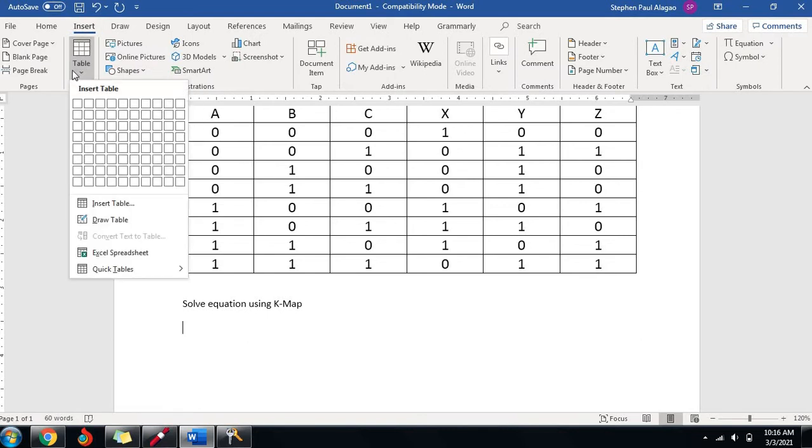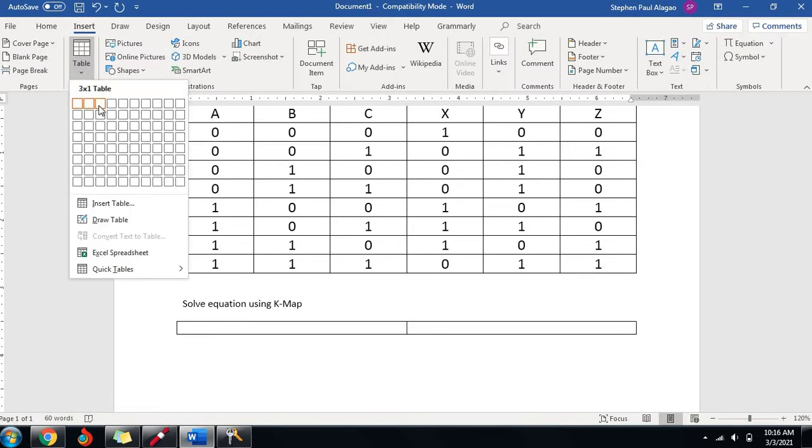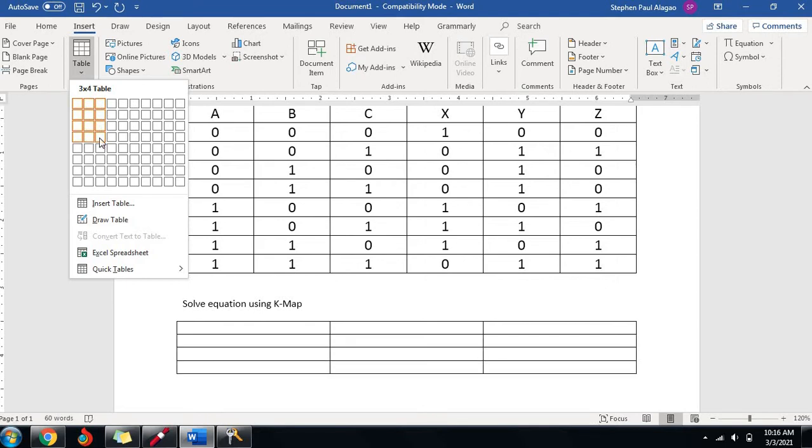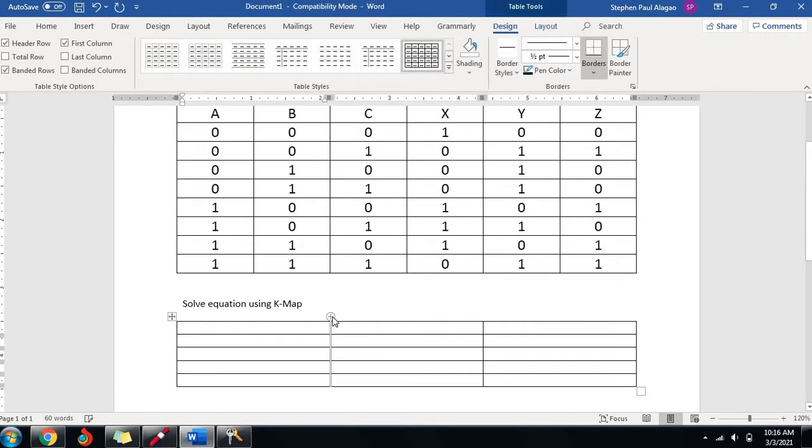Our table will be, let us say, 3 by 4. Wait, 5. So this one will be represented by AB slash C. We'll just move this one.